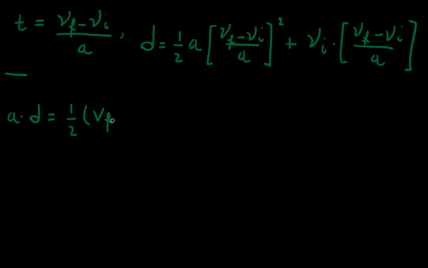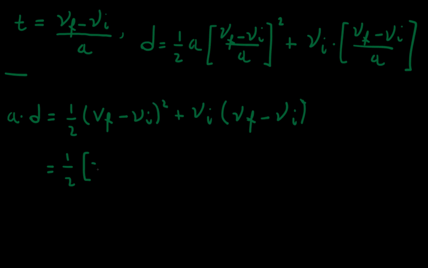velocity final minus velocity initial squared plus, in here you have velocity initial times velocity final minus velocity initial. So let's go ahead and complete this on the right side. Here we have to open the square.